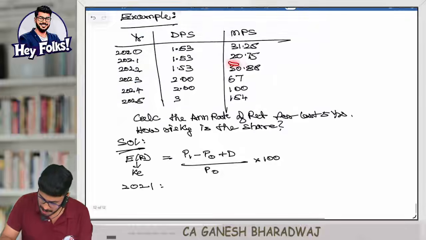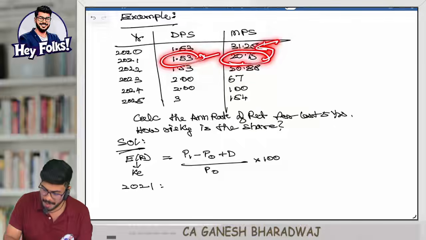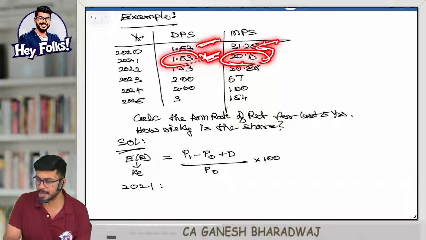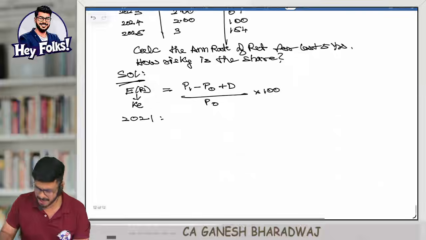What is it? So 20.75 minus 31.25 plus 1.53. This 1.53, the current year's dividend; we are not bothered about the past year. Is that clear? Upon what? 31.25, because this was the closing price of the last year. Obviously, this is the opening price of the current year. Is this clear, guys? Yes, that is the base price. Come on, do it.